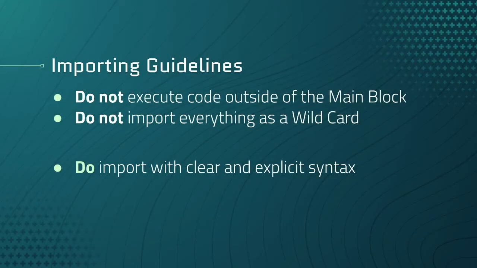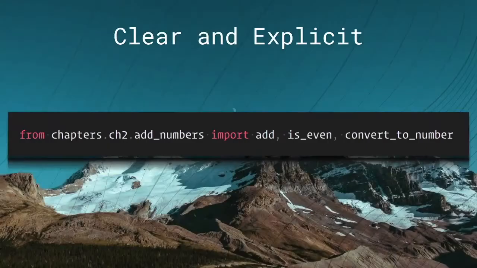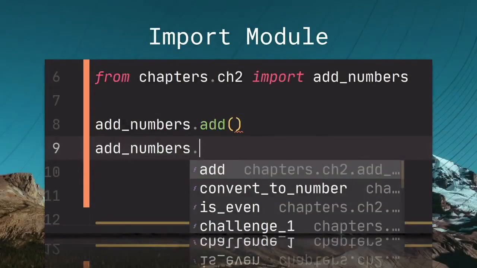It's almost always better to be clear and explicit, but there are multiple ways to do that. You can explicitly include which functions, classes, or variables you want to import from a module, as shown here. You can import the entire module from the package. Look how I now get a helpful menu from PyCharm.